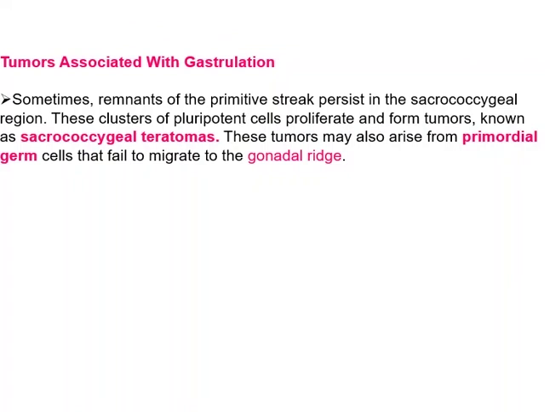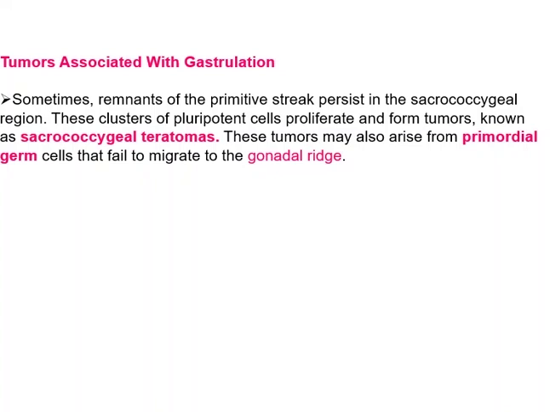Okay. Also, we have tumors associated with gastrulation. Sometimes a primitive streak remnant persists in the sacrococcygeal region and it's called sacrococcygeal teratoma. Also, this tumor may arise from primordial germ cells that fail to migrate to the gonadal ridge or gonadal area.